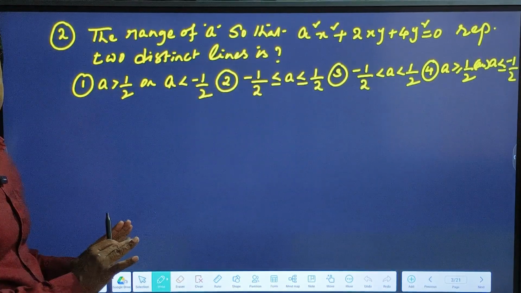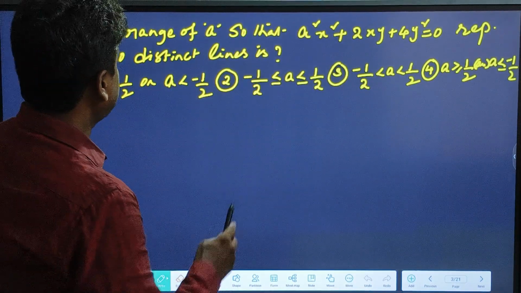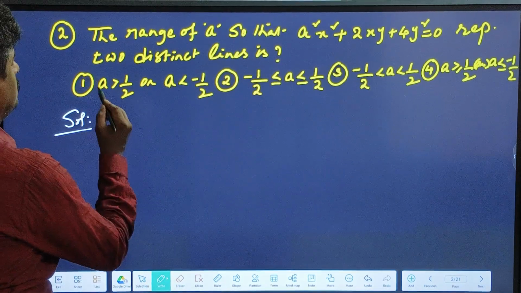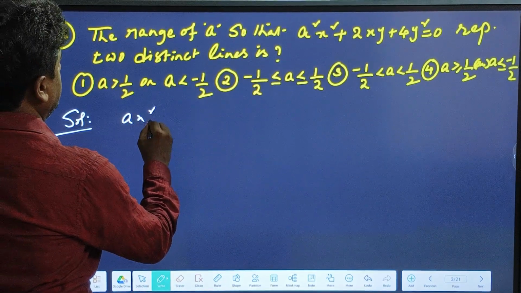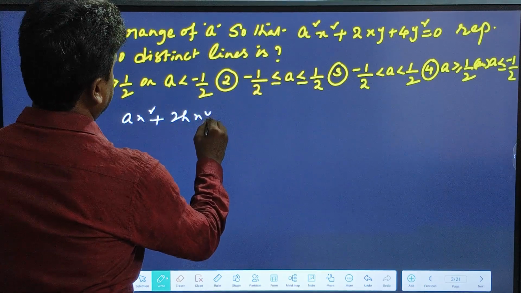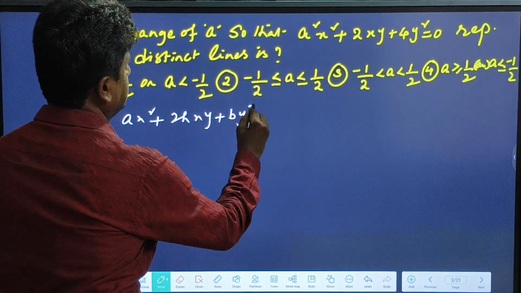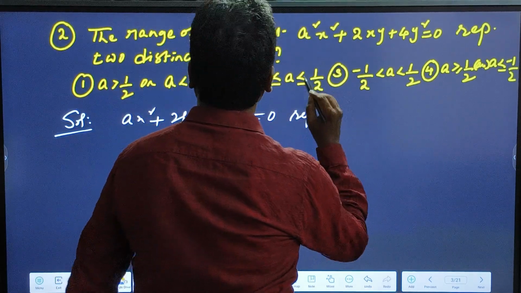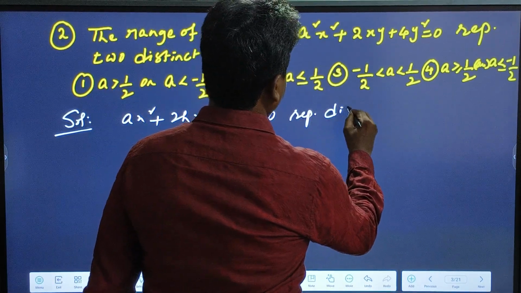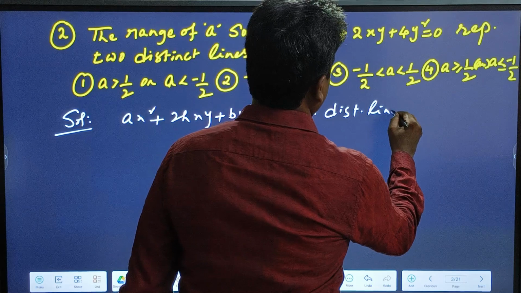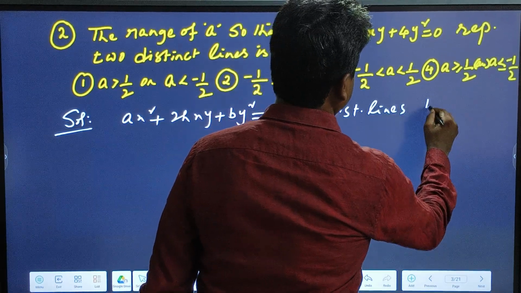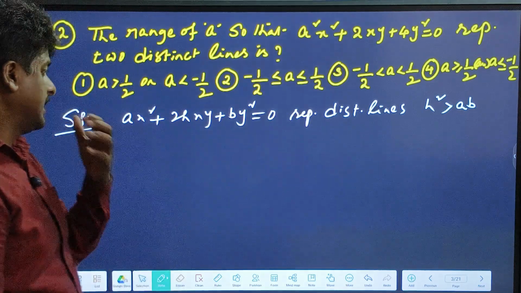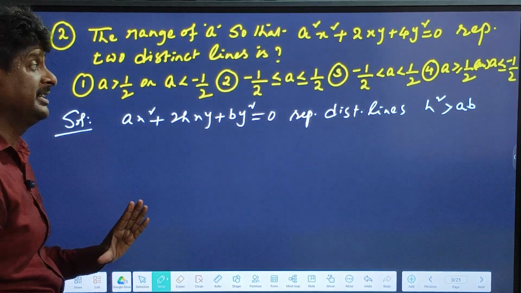Whenever a second degree homogeneous equation ax square plus 2hxy plus by square is equal to 0 represents two distinct lines, the condition is h square greater than ab.